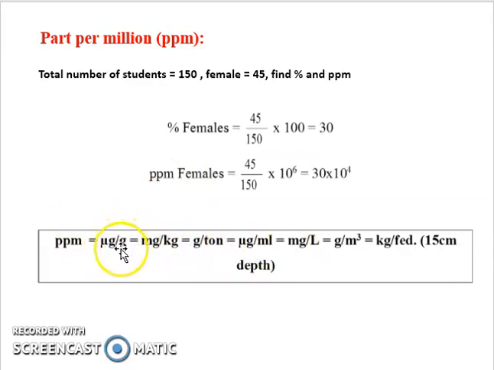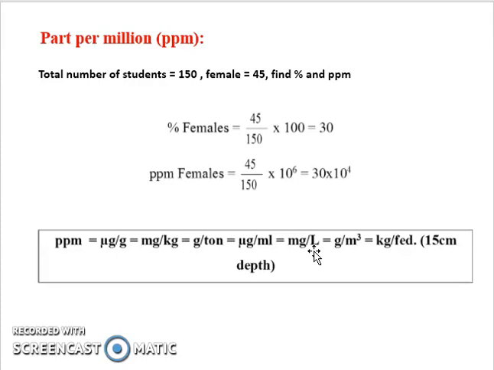This is microgram per gram in the case of concentration in soil, and milligram per liter in case the solvent is water, because as you know, in soil solution, the cations, anions and other elements are soluble in water.